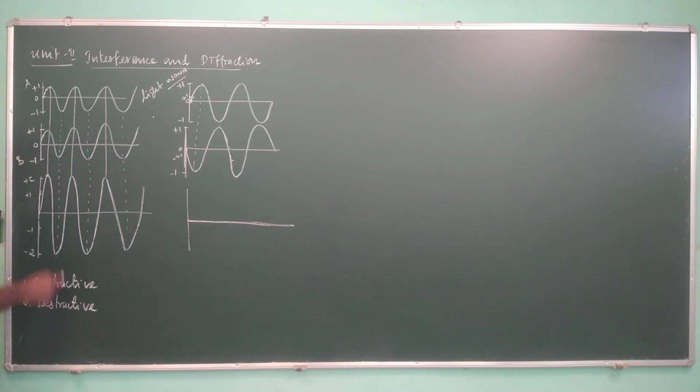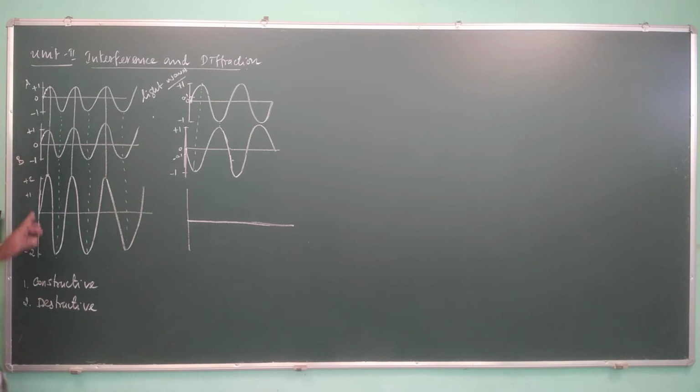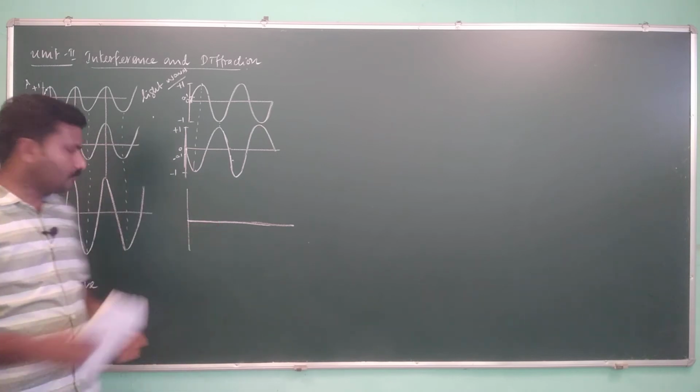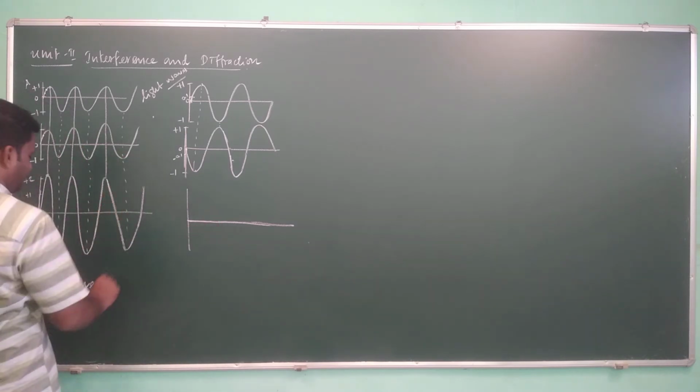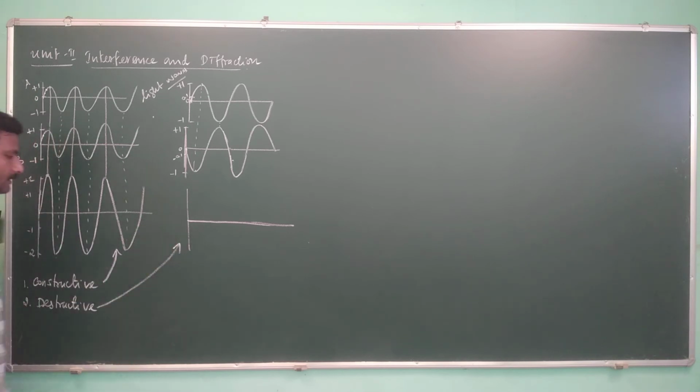Constructive interference means if you add the two interacting waves, the amplitude is the sum of the two waves, which is higher than either interacting wave. Constructive interference creates a maximum value in the resultant wave, whereas destructive interference creates a zero, null value in the resulting wave. So this example is for constructive interference and this is the example for destructive interference.